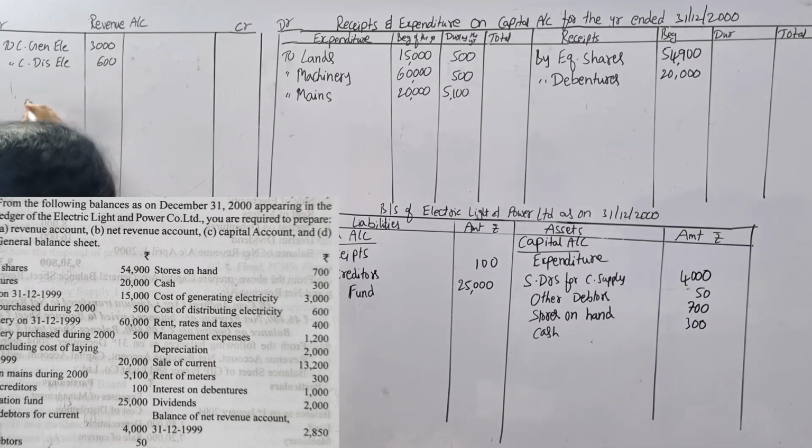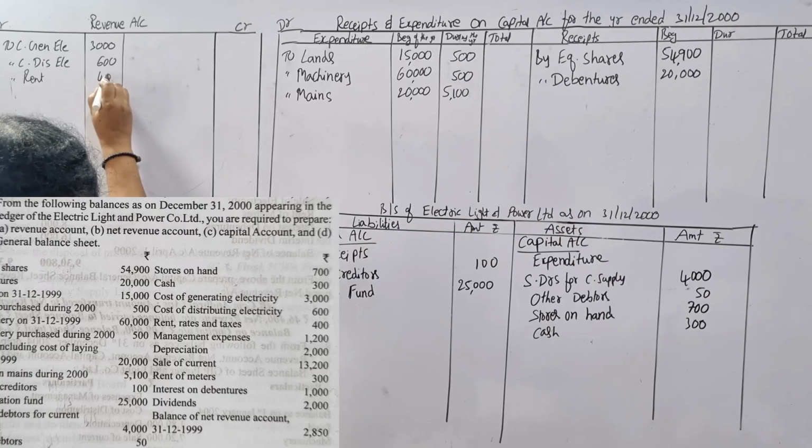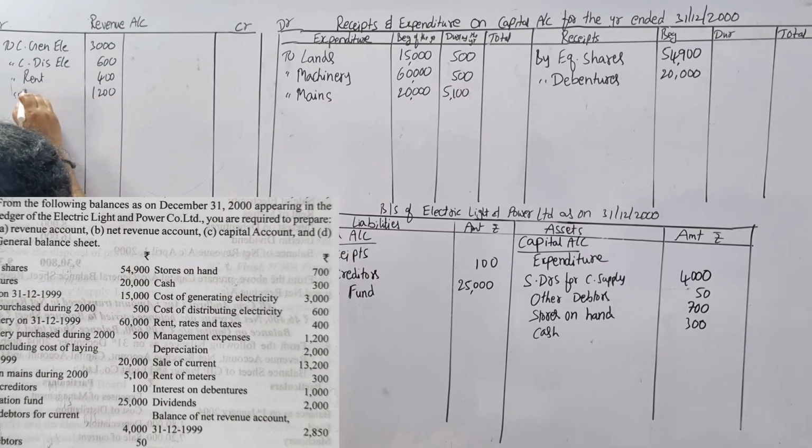Next, rent rates and taxes, 400. Next, management expenses 1200. Next, depreciation 2000.